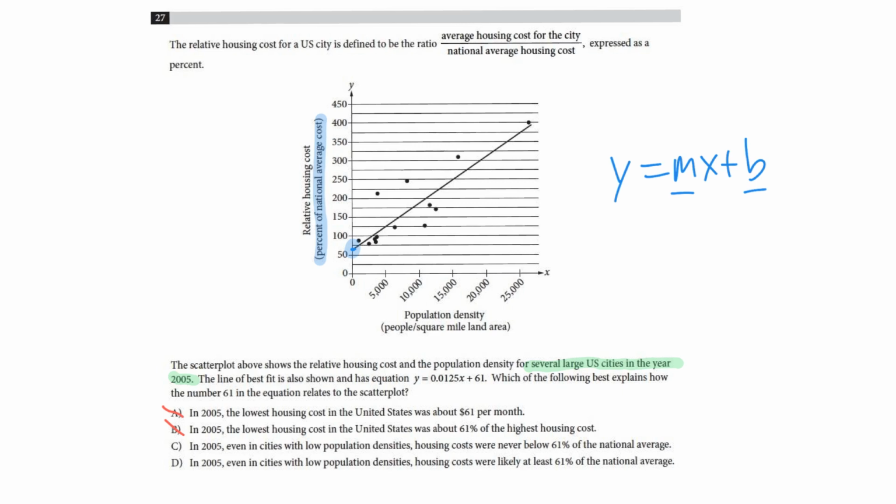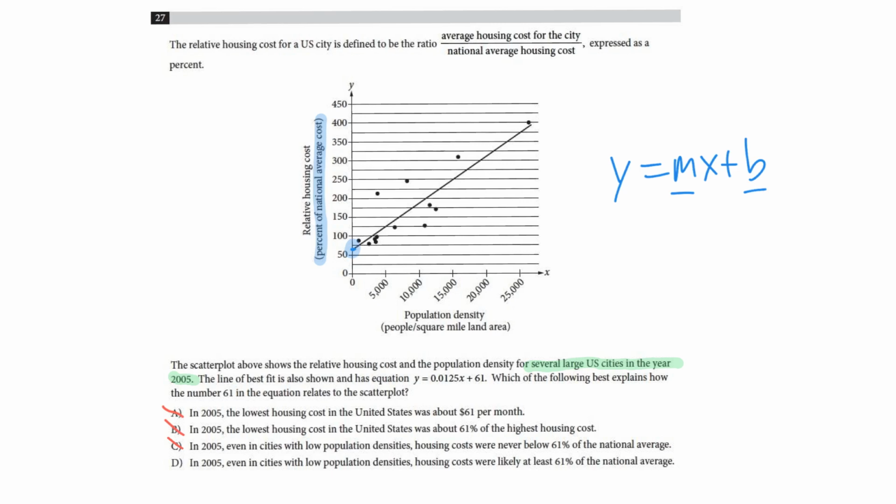So it's very possible that there is a city that doesn't show up on this scatter plot that may be below 61%. After all, a scatter plot is not a perfect representation of every data point. It's just a model that shows you the approximate trend in the data. So I'm going to say no on that point as well.